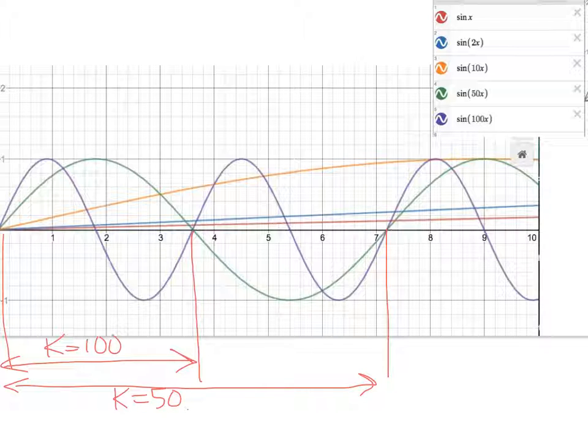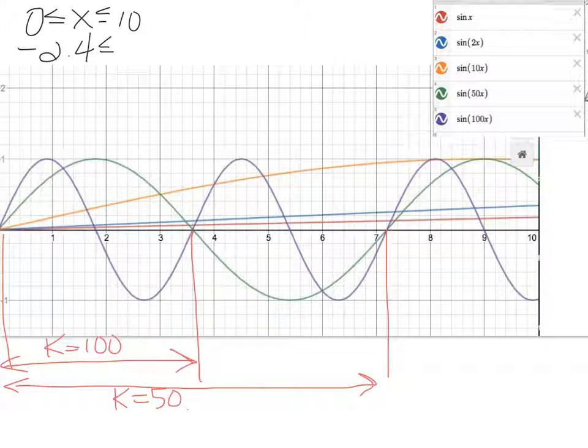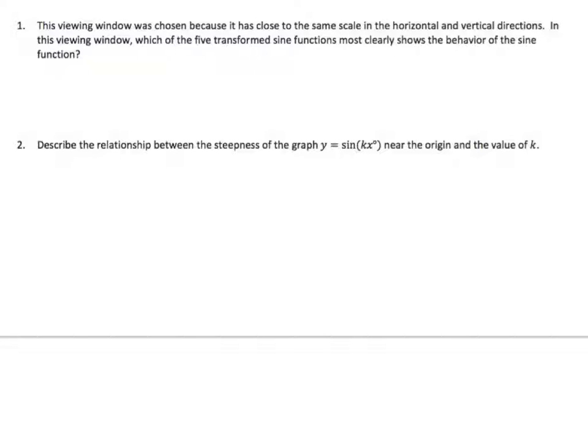I should make sure you guys know that even in my Desmos window, I had my x's set from 0 to 10 and my y's from negative 2.4 to 2.4. This viewing window was chosen because it has close to the same scale in the horizontal and vertical directions. In this viewing window, which of the 5 transformed sine functions most clearly shows the behavior of the sine function?